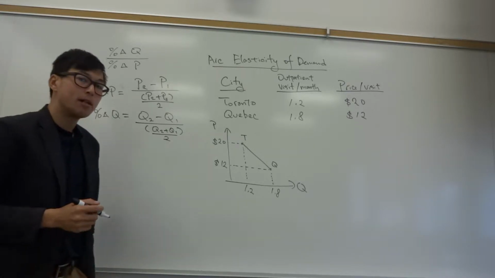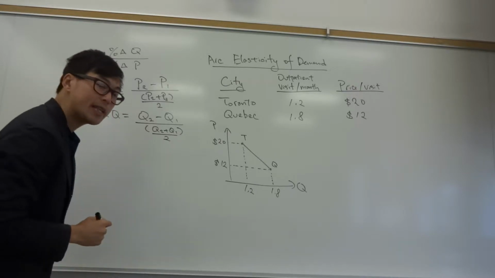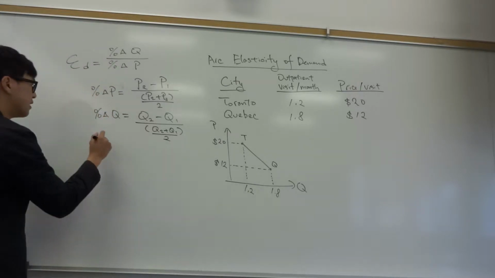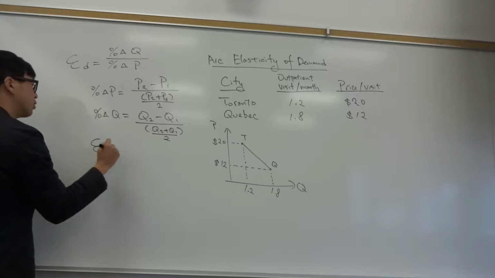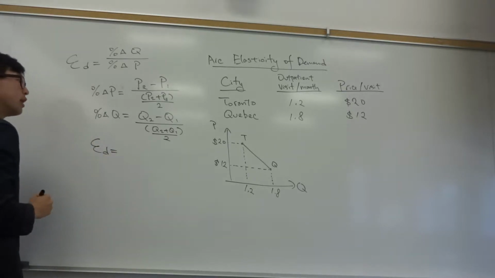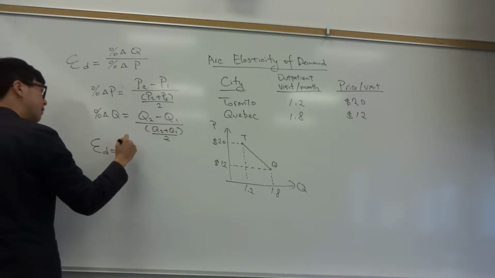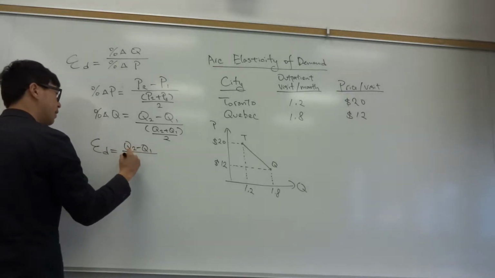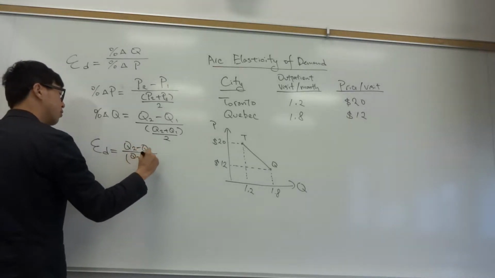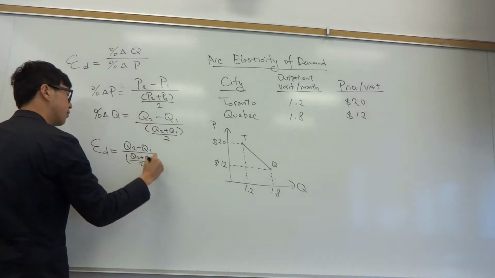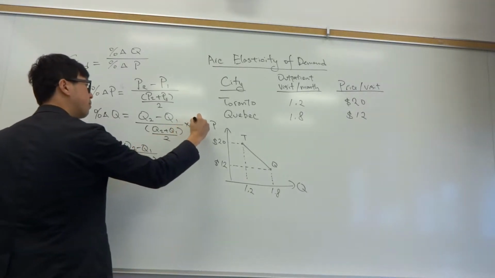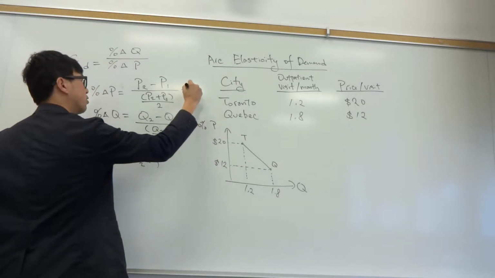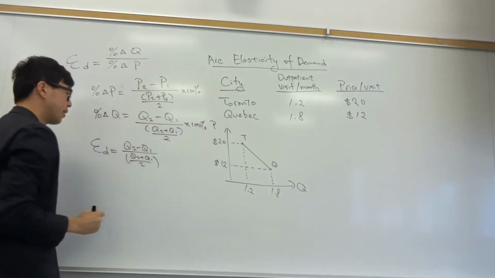If we combine all this information, we finally get this equation for elasticity of demand. It's a huge equation, but I can rewrite it here. Q2 minus Q1 divided by (Q2 plus Q1) divided by 2. Sorry about the percentage, we always have to multiply by 100% for both.